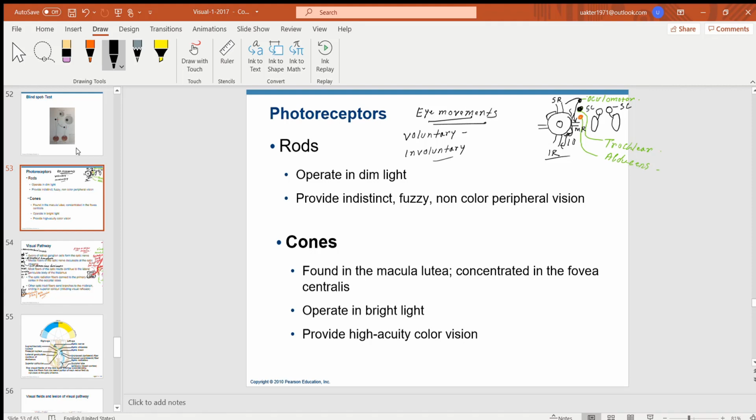So to move the eye to the point of interest, like if you are looking at someone, now if you see that another person is approaching towards you, you voluntarily move your eye, right?